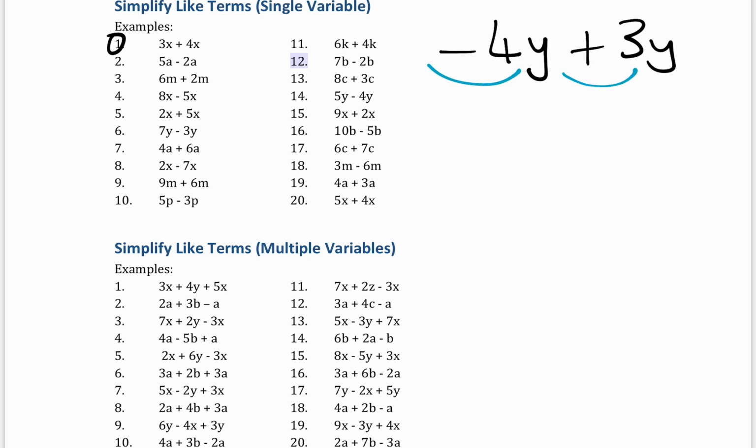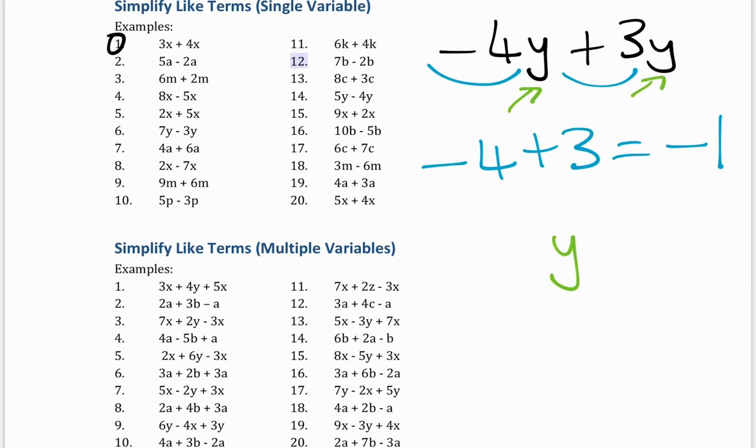If you put that in the calculator, minus 4 plus 3, you will get the answer of minus 1. But now the variable is y, and we only have y over here. So that will be your variable, and then for now put the minus 1 in front. But it's not minus 1y. The 1 you can ignore in this case, and your answer will just be minus y.